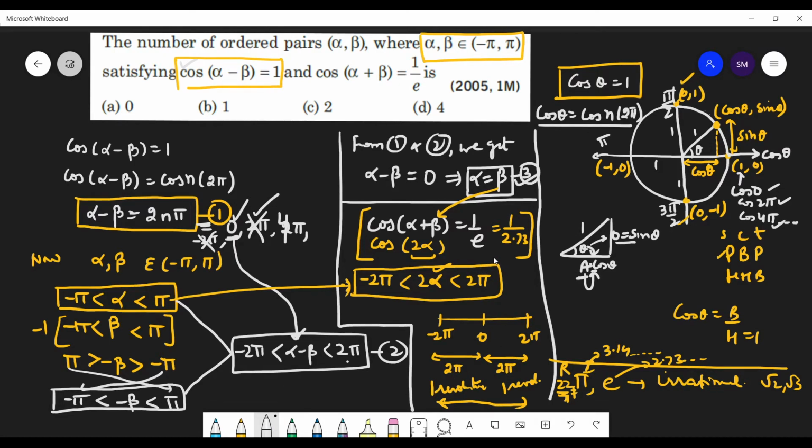So how many times will you get this value? 1 divided by e, that is 1 by e, which is between 0 and 1. It cannot be greater than 1. So how many times will you get this value? This is your question. How many times will you get this value in one interval?